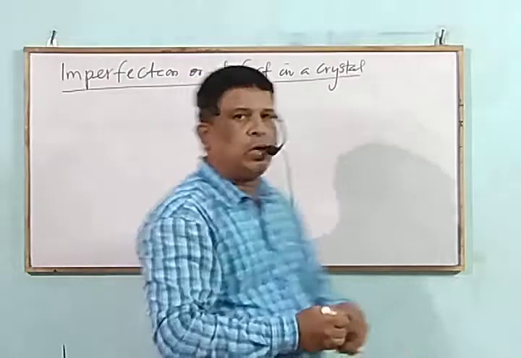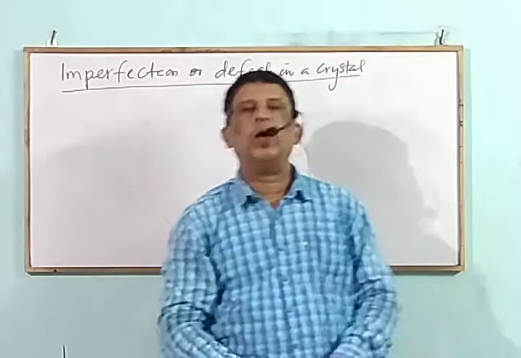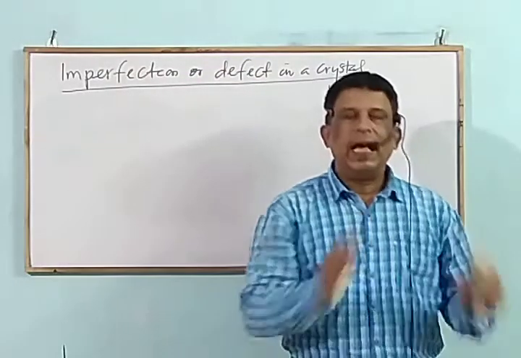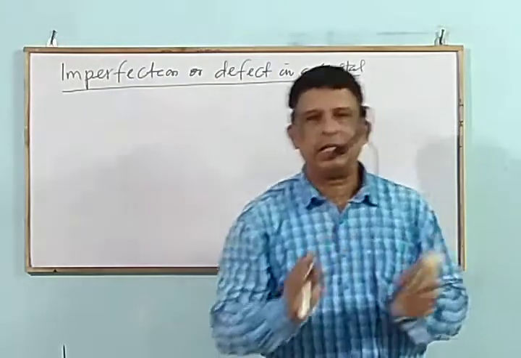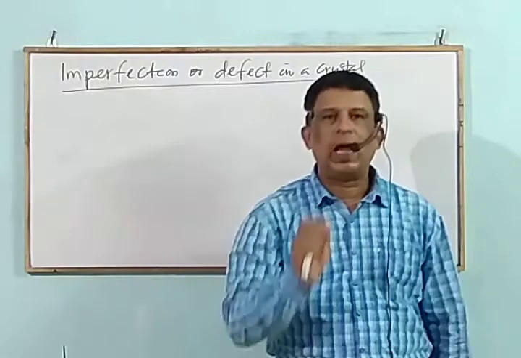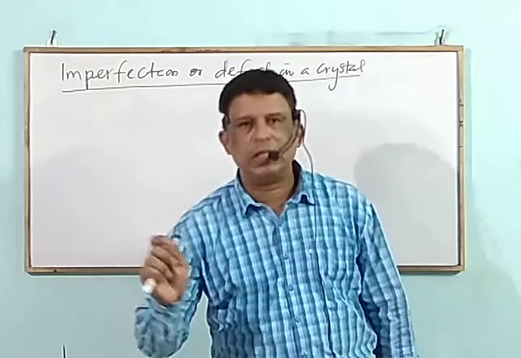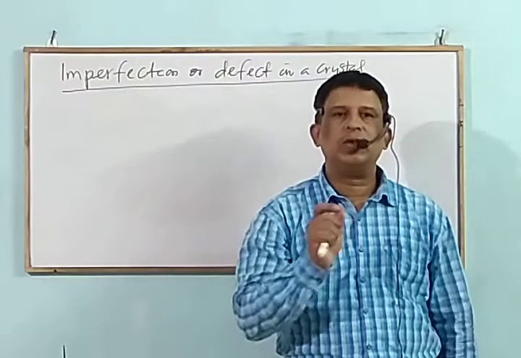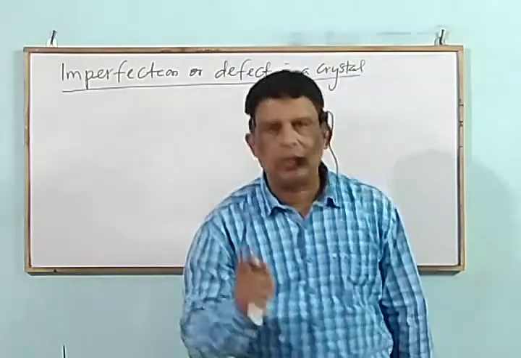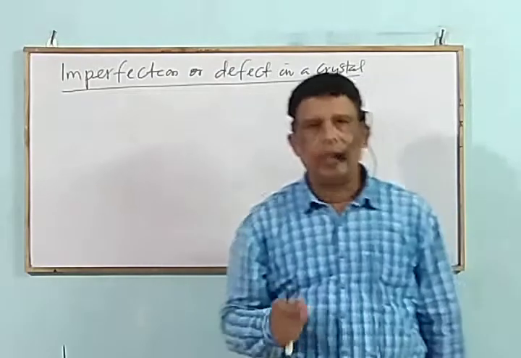What do you mean by the term imperfection or defect? Any deviation or disturbance in the regular arrangement of the constituent particles in a crystal system is known as imperfection or defect.